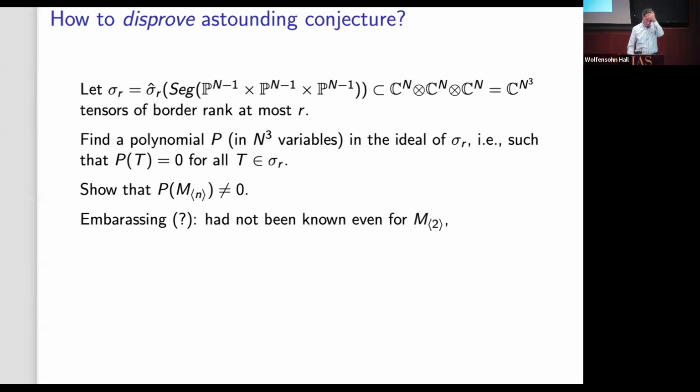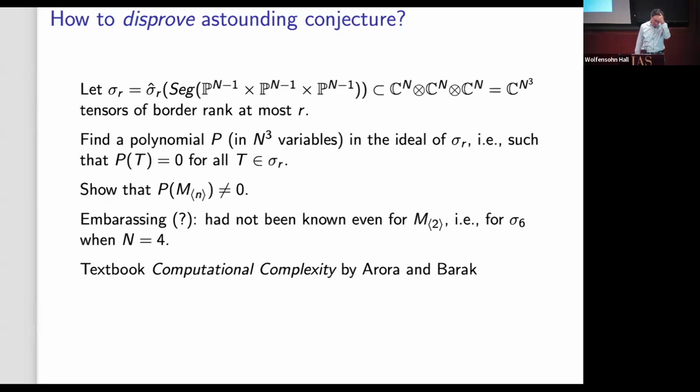And when I entered the business, I thought it was a little embarrassing that it was not known whether the 7 was optimal. Perhaps that point of 2 by 2 matrix multiplication lay on the 6th secant variety, not on the 7th.